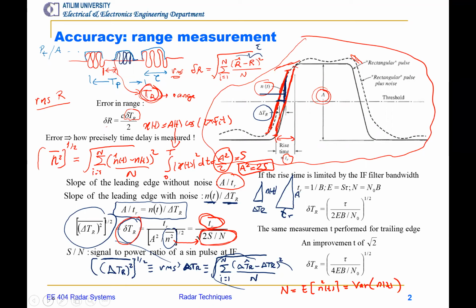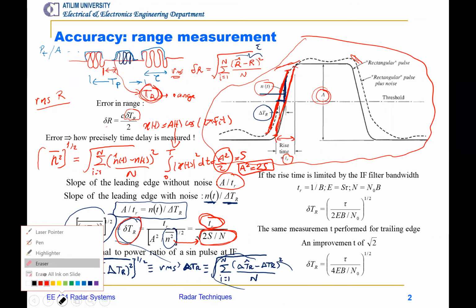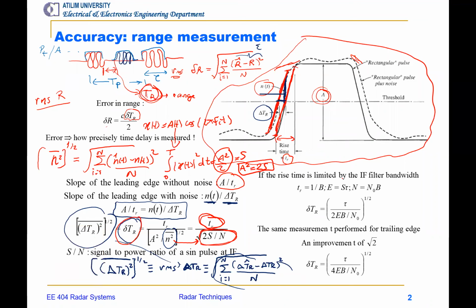Next, I can rewrite this equation in terms of energy. Energy, how?